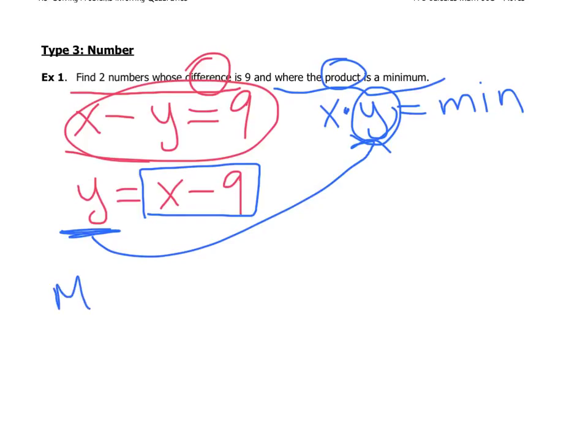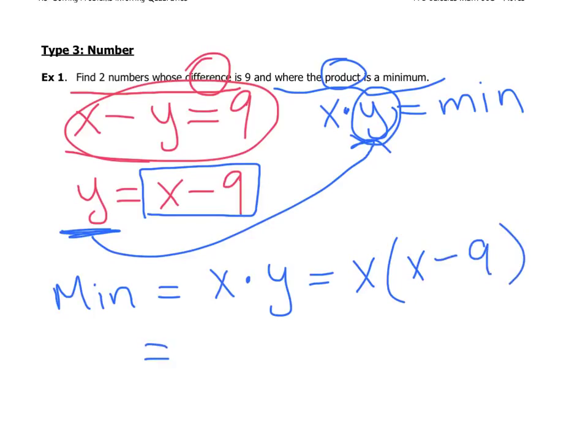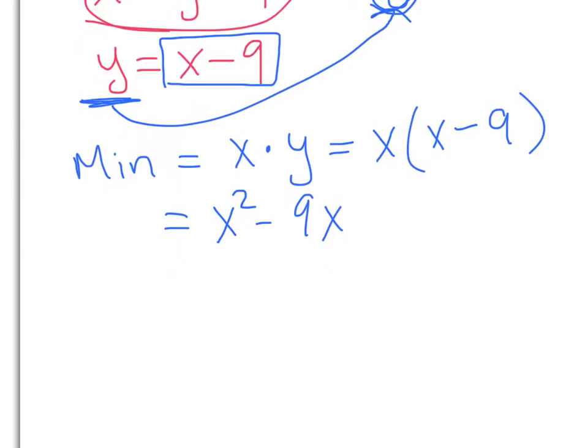So in order to find our minimum, we've got x times y. So let's rewrite that as x times x minus 9, and lo and behold, we've got a wonderful little quadratic, x squared minus 9x. From here, we can figure out what our x value is using our x equals negative b over 2a.